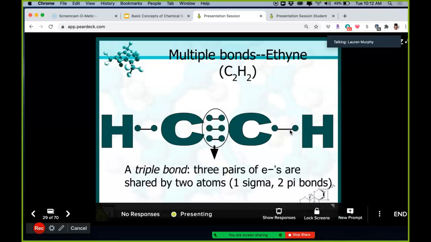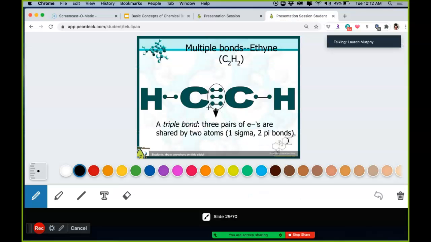So this is the structure for C2H2, ethyne. Again, another organic molecule. A triple bond has a sigma, then a pi bond, and then another pi bond. 1, 2, 3 bonds: sigma, pi, pi. We'll talk more about this later.